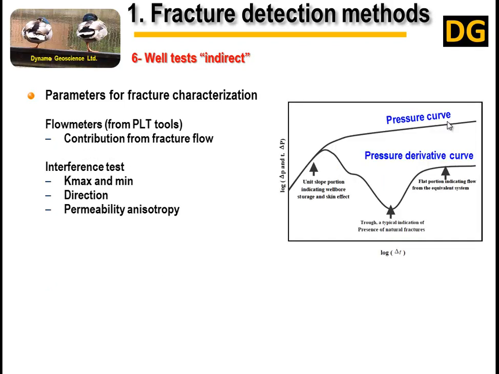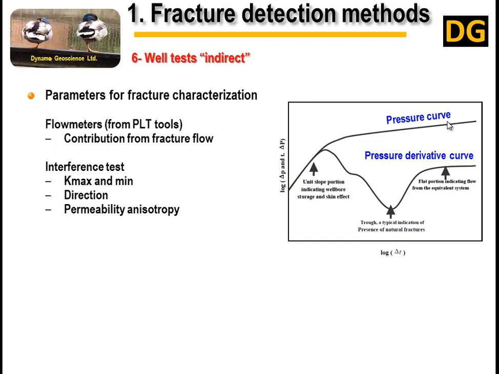Number 6, the well test. It's an indirect method, but a very important one, and gives a very important and efficient sign for fracture detection. Well test: we have some types of well testing.